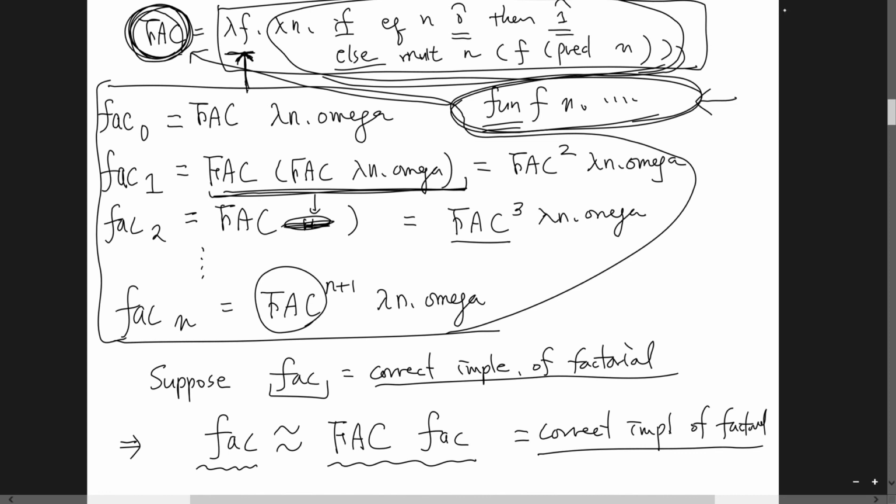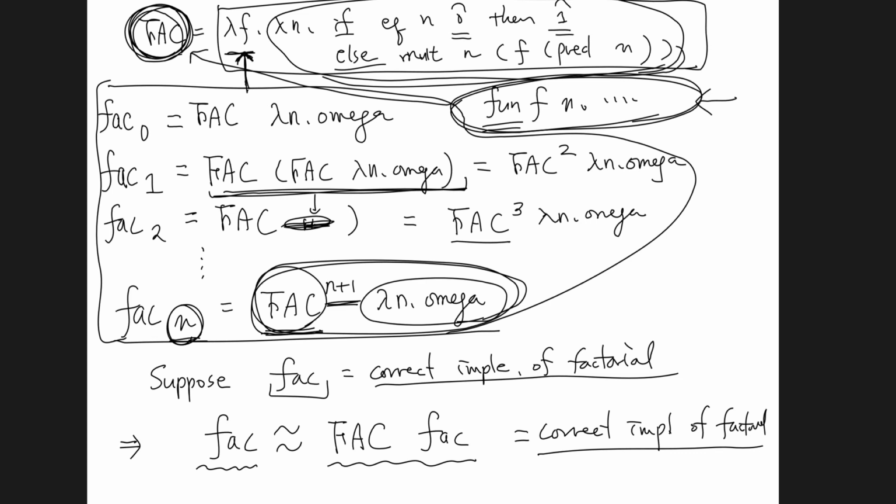If you apply this capital factorial function n plus 1 times to this silly lambda abstraction, then this one at least calculates factorials correctly for up to n, as indicated by the subscript n. Now, we further generalize this observation by taking the argument to an extreme case.